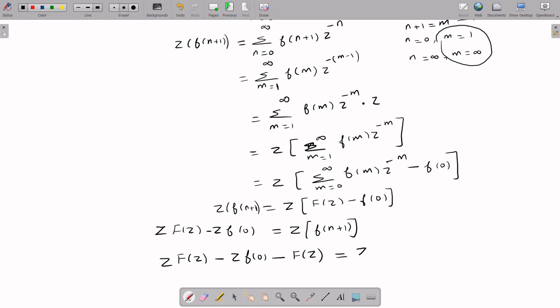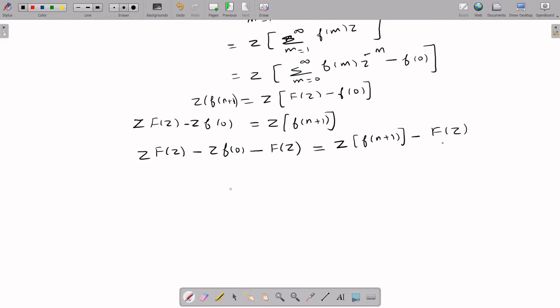This is the Z transform of f of n plus 1 minus the Z transform of f of n, since f of Z is the Z transform of f of n. We are subtracting on both sides. This term can be written as the Z transform of f of n plus 1, and this is the Z transform of the function f of n, isn't it?